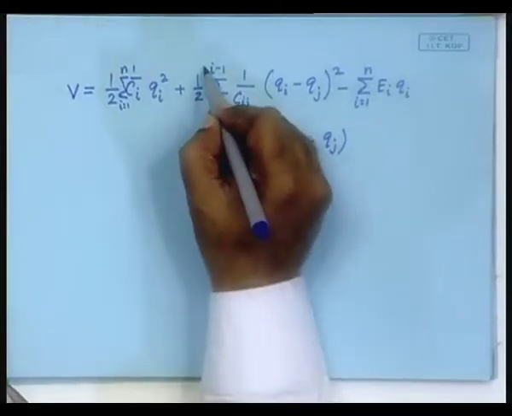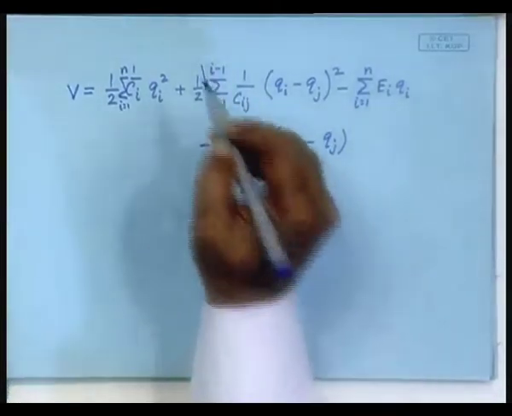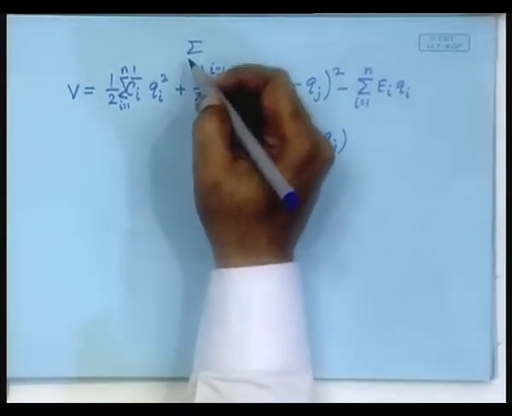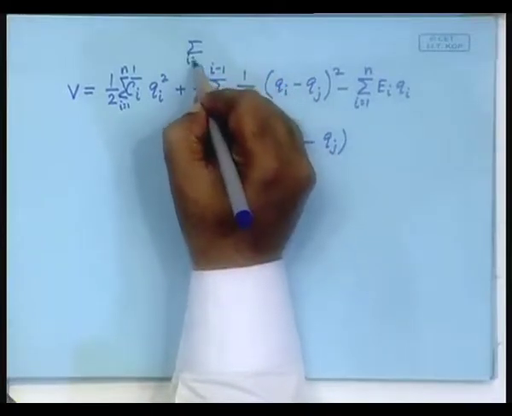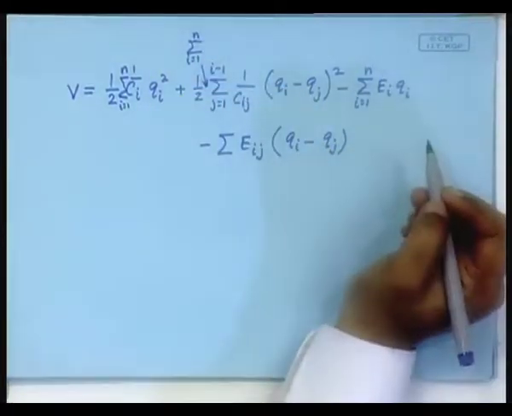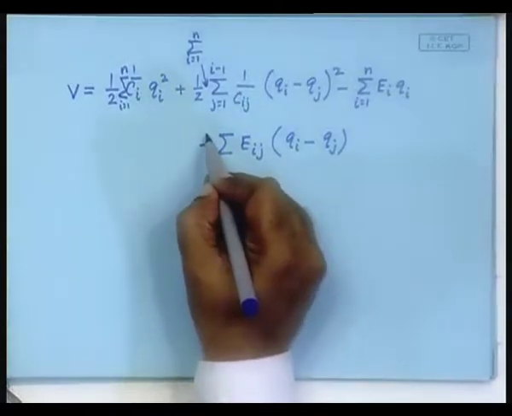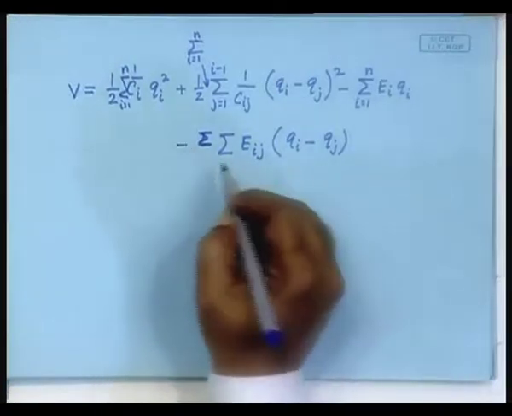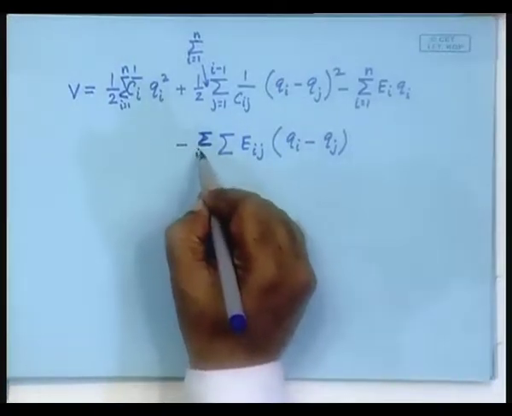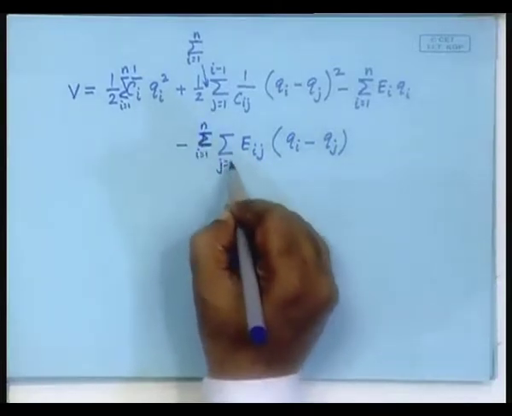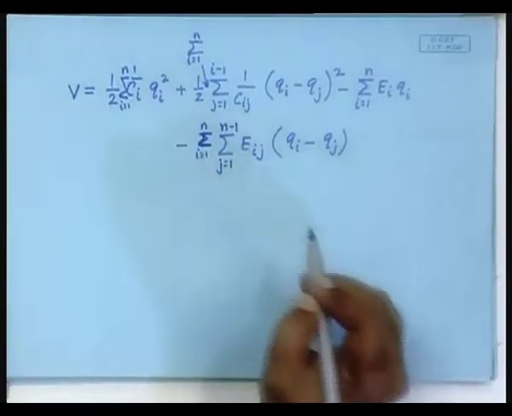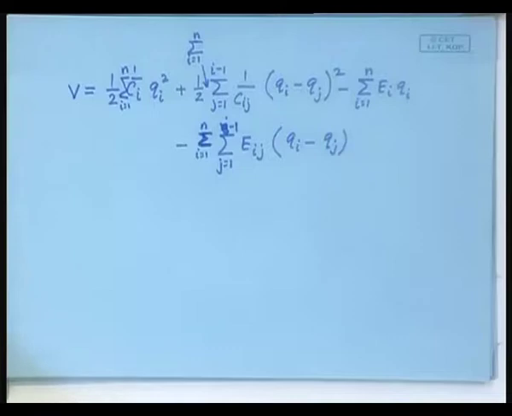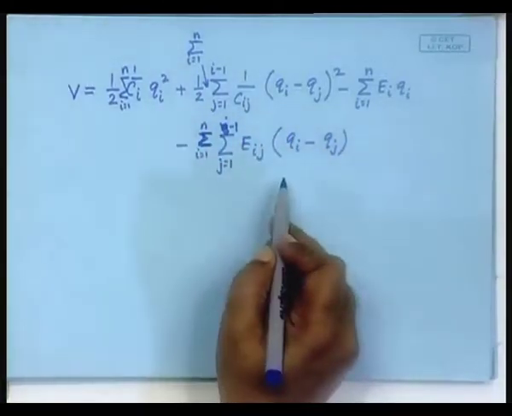So, I will just insert a summation over i, that means i equal to 1 to n. Similar thing will have to be done here, so I will just write it once. The first one would be i equal to 1 to n, j equal to 1 to i minus 1. That completes the story about the potential.